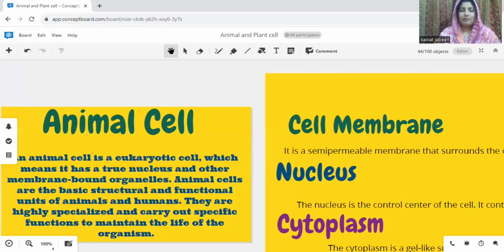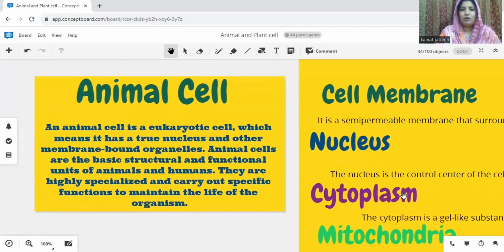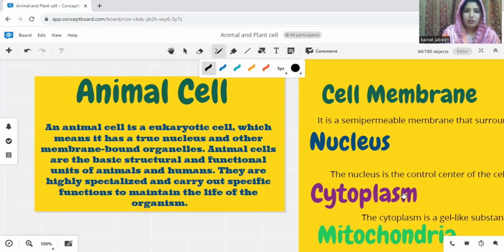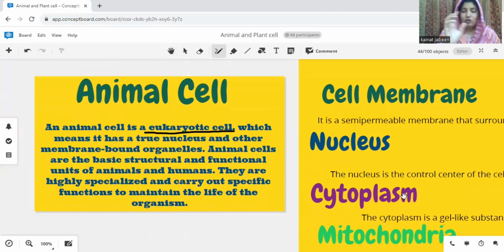Let's start with the animal cells. An animal cell is a eukaryotic cell, which means it has a true nucleus and other membrane-bound organelles. Before moving to the other organelles, we should know the meaning of the word eukaryotic. Eukaryotic means all the organelles present within the cell are membrane bounded. A membrane is present around them, or you can say they have a true nucleus.